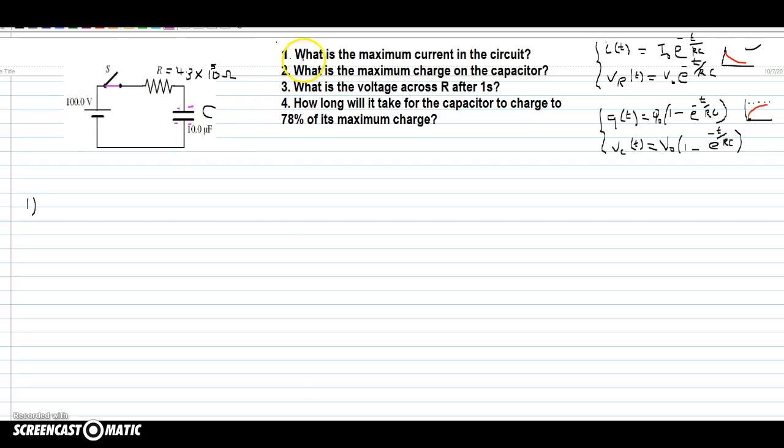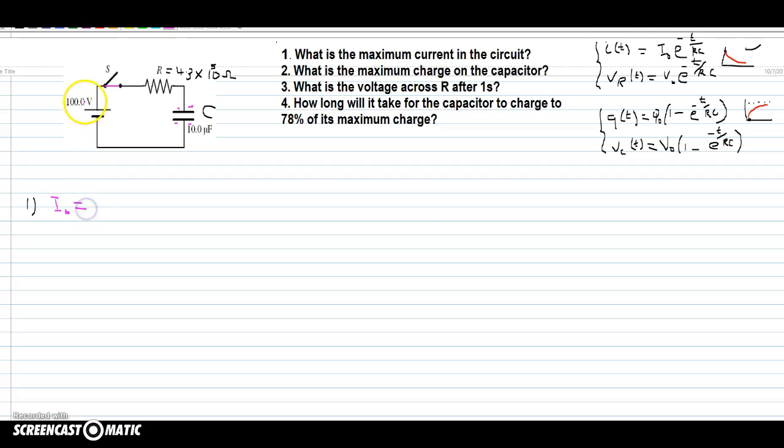So first question, what is the maximum current in the circuit? What happens early on when you close the switch, a lot of charge are rushing, and so there is a lot of current, and the current is I0 before even reaching the capacitor.